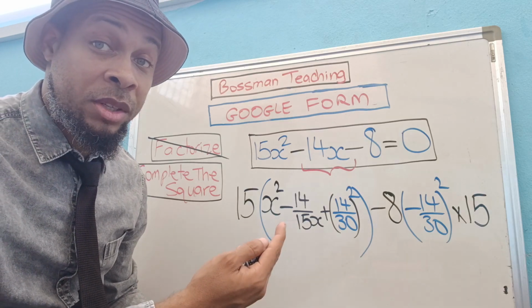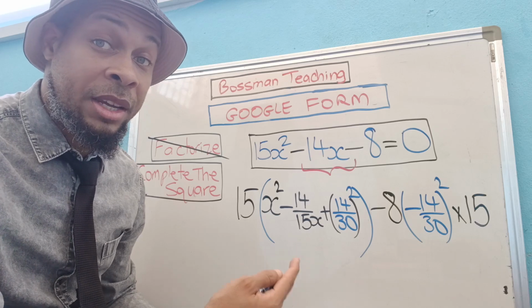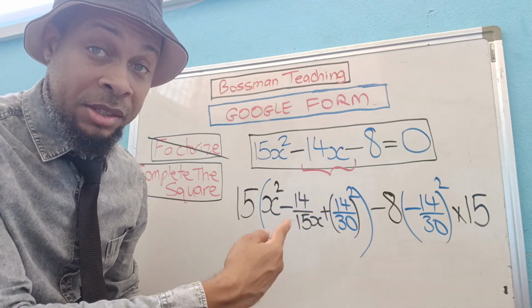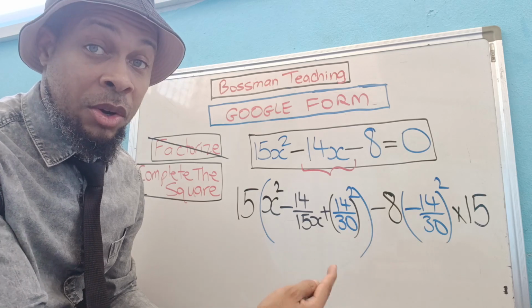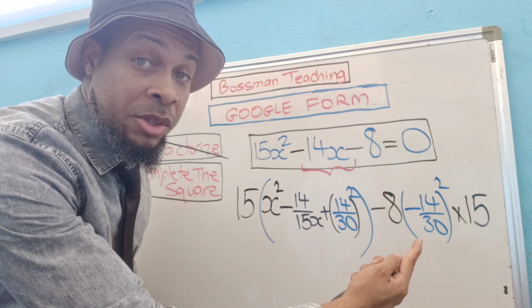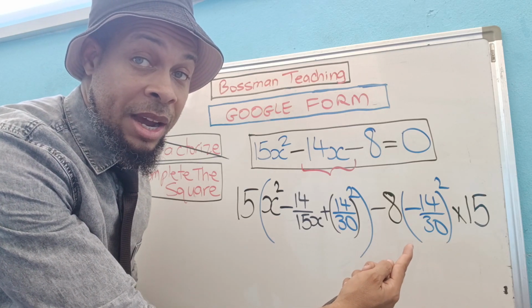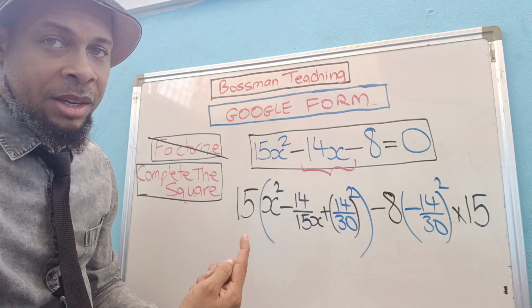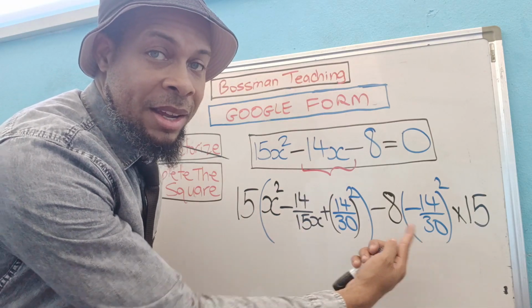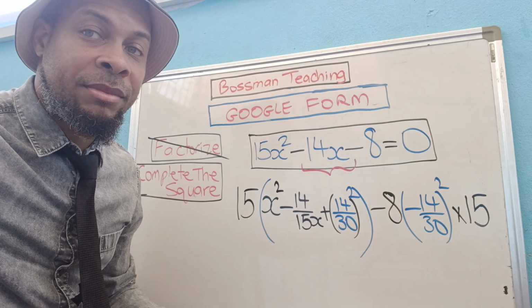The half of 14 over 15 is 14 over 30. Then of course you put the 2 up there as the exponent. But this is a plus, so you have to have the minus equivalent. But since it's being multiplied by 15, you need to multiply that by 15.